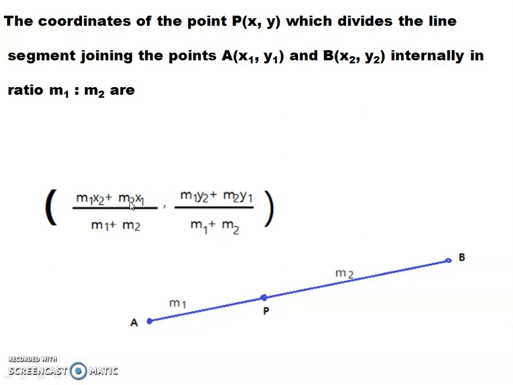Here m1 and m2 are the ratio given in the question.